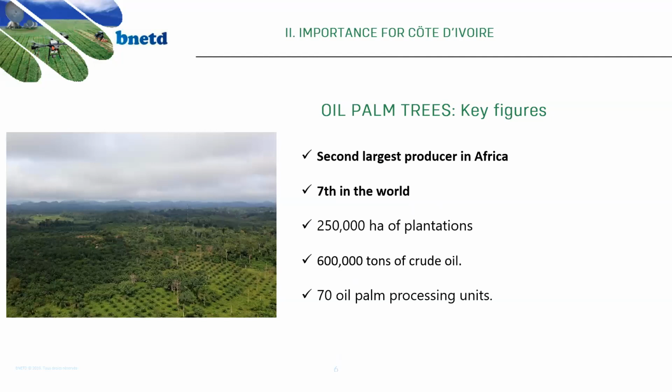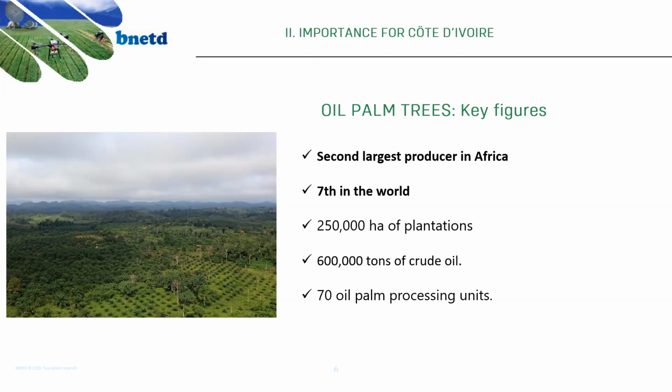So now, what is the importance of this challenge for Côte d'Ivoire? But let's start by saying some key figures for Côte d'Ivoire in the oil palm trees sector. Côte d'Ivoire is the second largest producer in Africa of palm oil, the seventh in the world.